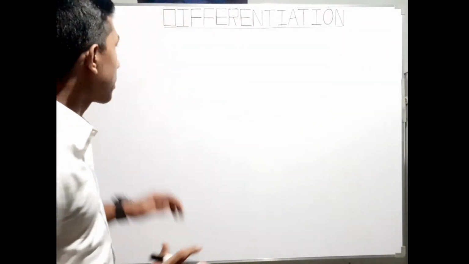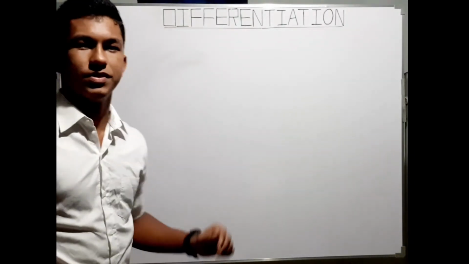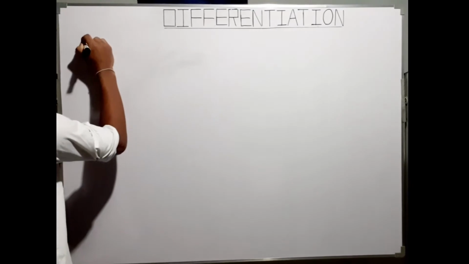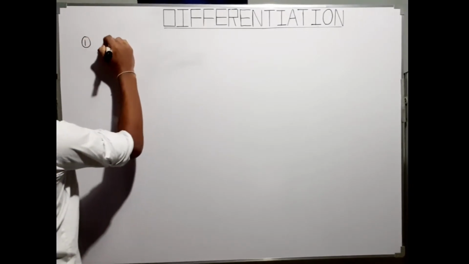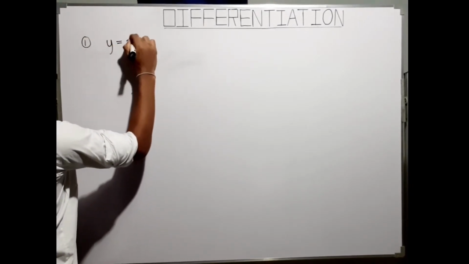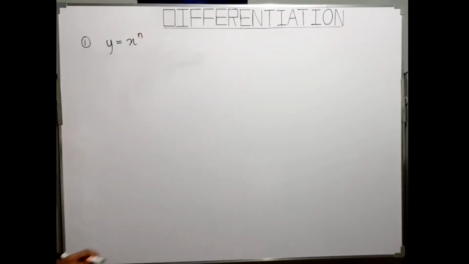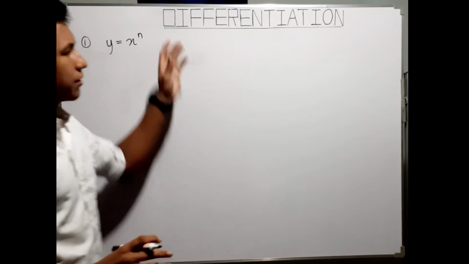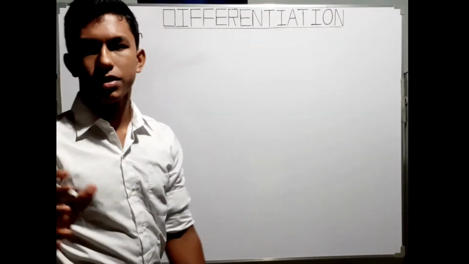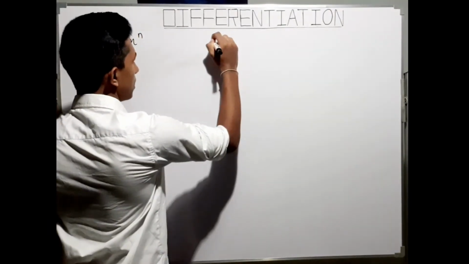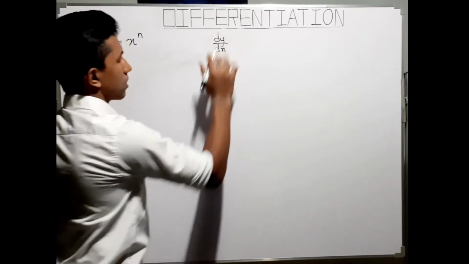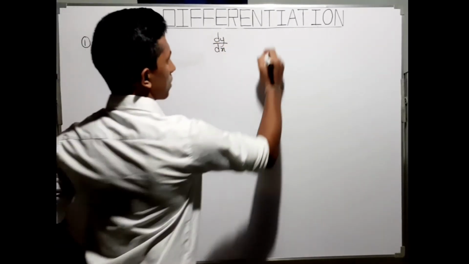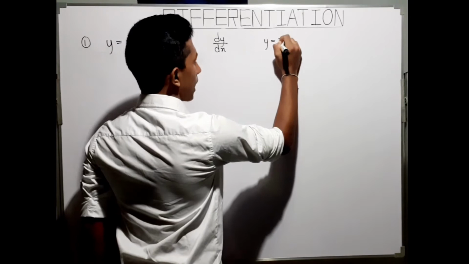Now we'll be looking at some rules under differentiation. The first one we're going to learn is y is equal to x to the power n. Under differentiation, the symbol we use to represent differentiation is dy by dx for an equation of y. Let's say y is equal to 3x.